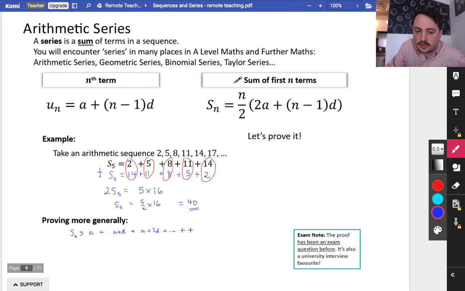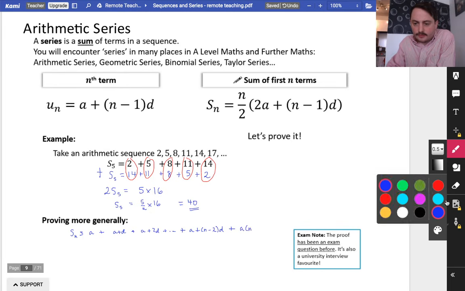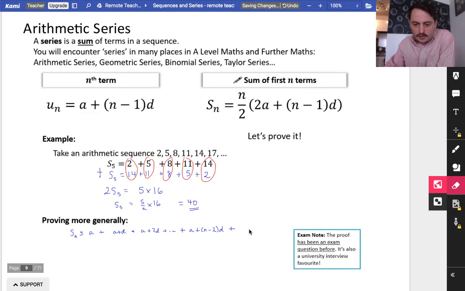At the end we would have a plus (n minus 2)d plus, let's erase that for a second, a plus (n minus 1)d.